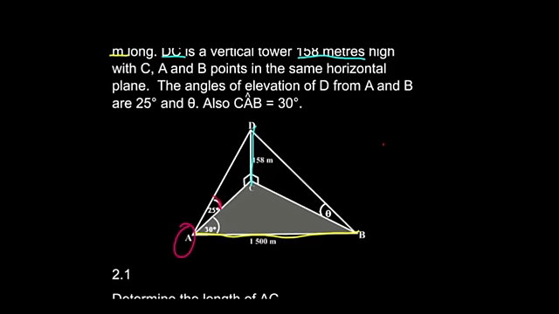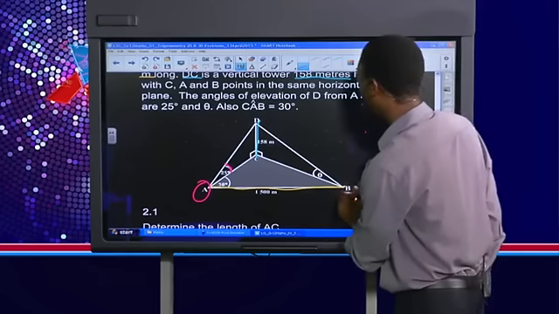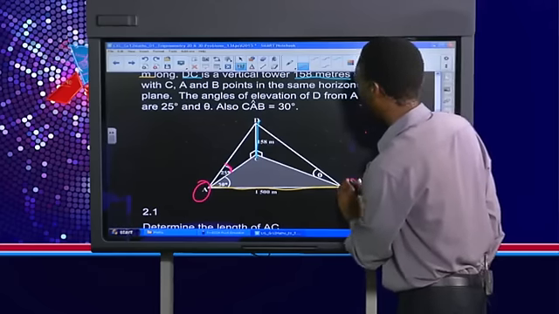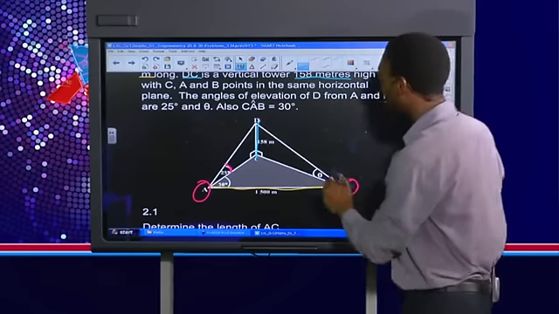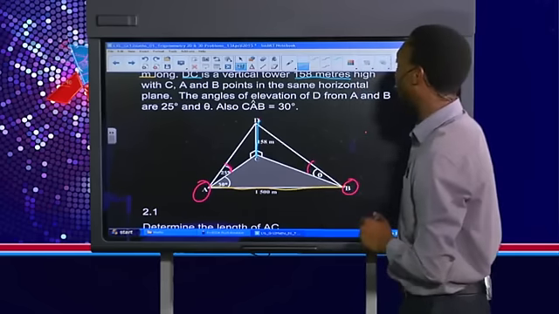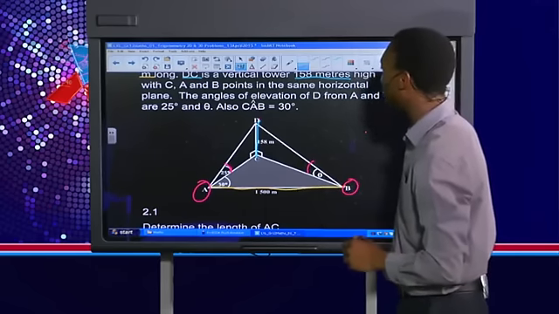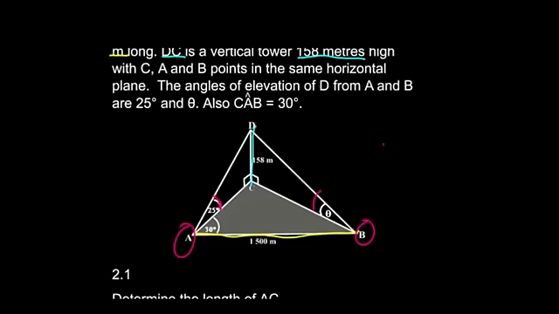So that is how much I need to raise my eyes, 25 degrees. From B, if I'm standing at this corner and looking up to the top of the tower, D, the size of this angle is theta. And it says that CAB is 30 degrees. So this corner here, which is on the ground, is 30 degrees.